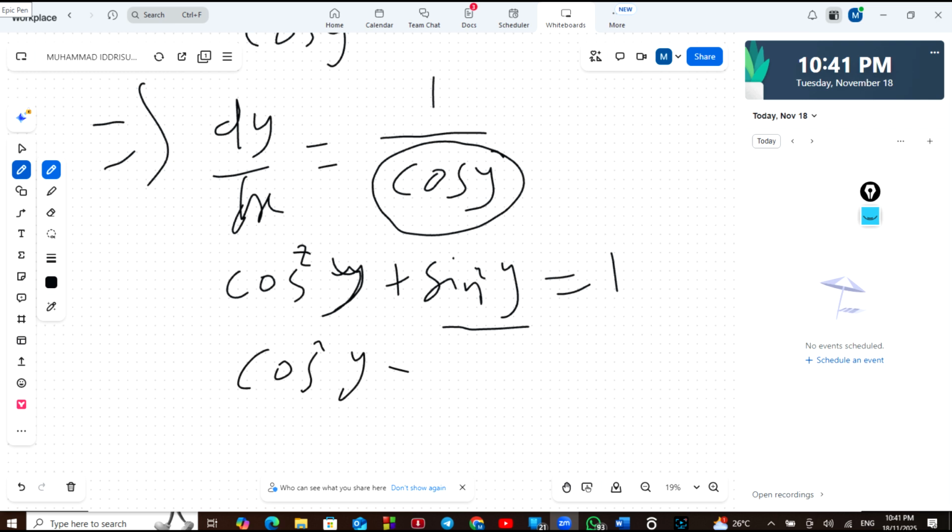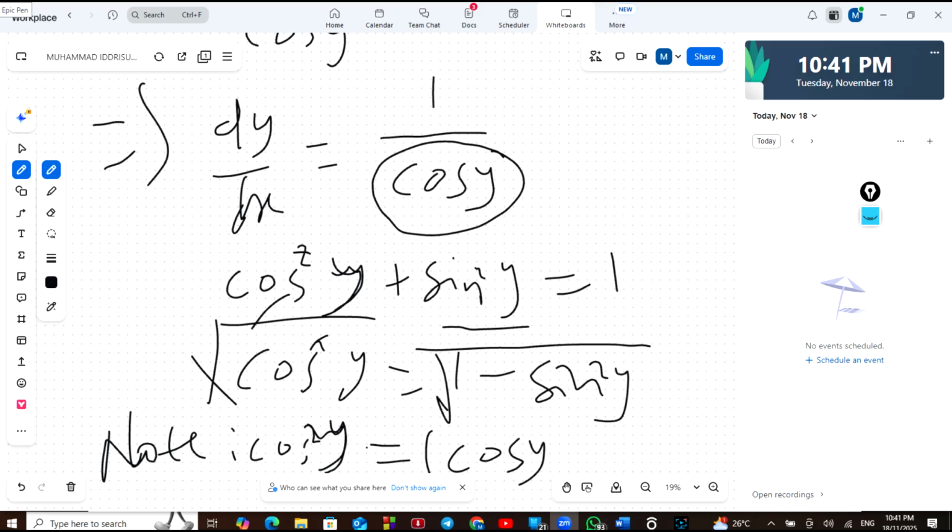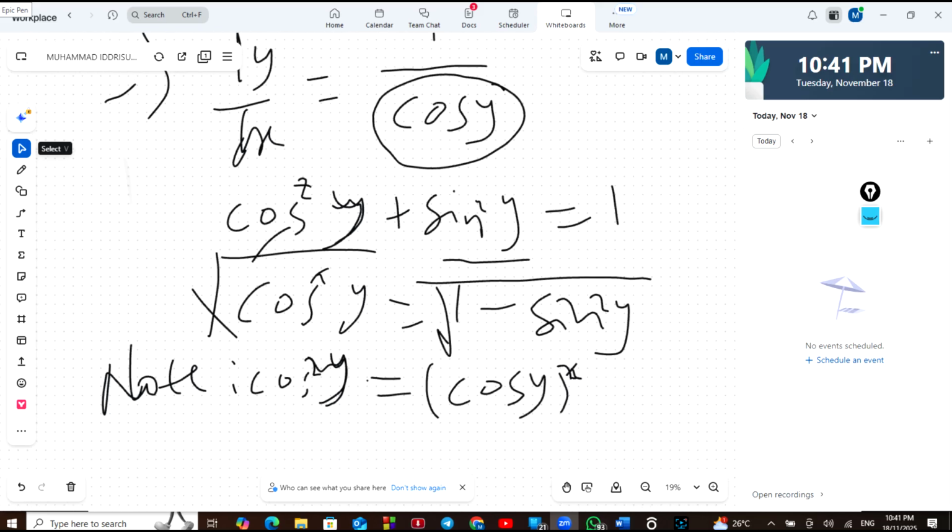So cos squared y equals 1 minus sine squared y. So we can take the square root of both sides. Note that cos squared of y is the same as cos y all squared, and that's why the square is just cancelling the root. All is fine.